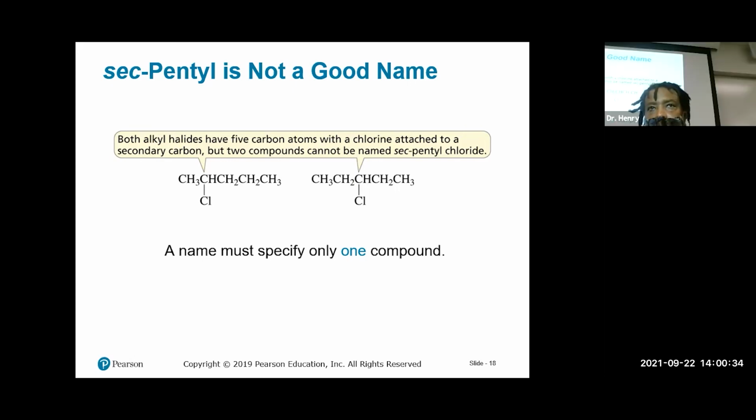Yes. That's right. So the answer would be, because you can create multiple compounds with the exact same name that would be totally different compounds with different properties, you can't use sec pentyl. Okay.